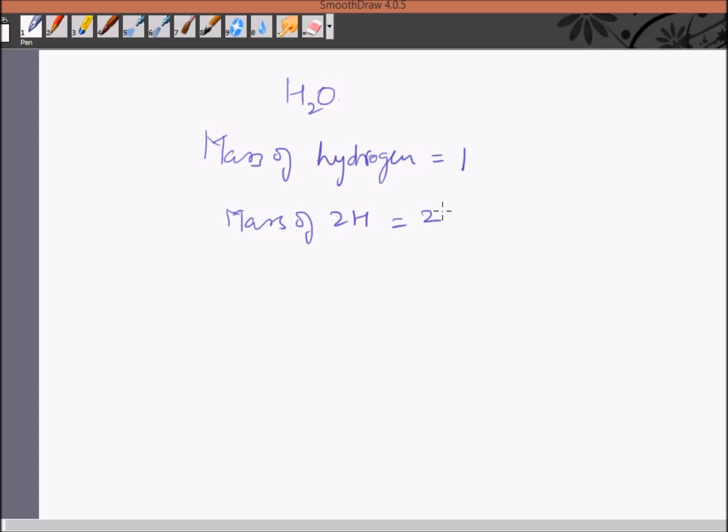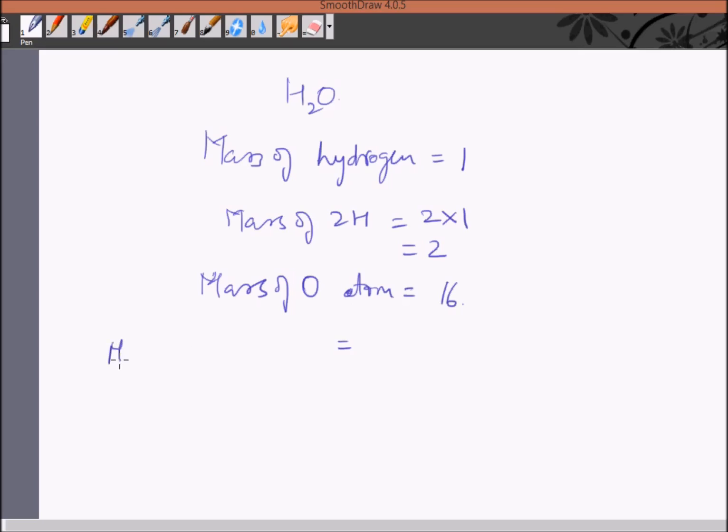For example, let's calculate the molecular mass of water. So the mass of hydrogen is 1. So mass of 2 hydrogen will be 2 into 1, which is 2. Then the mass of the oxygen atom in this particular compound, which is water.